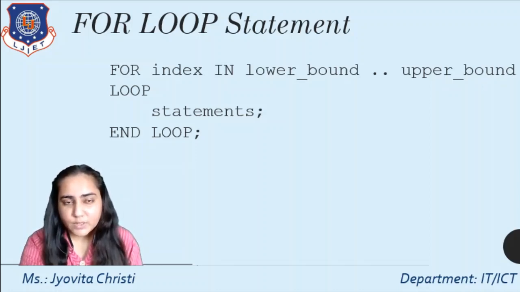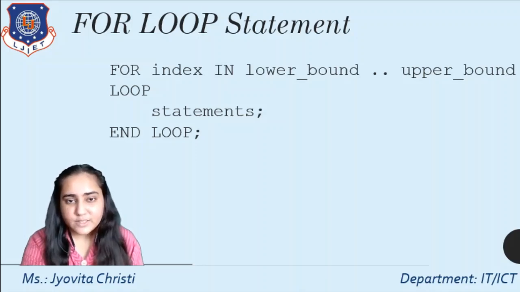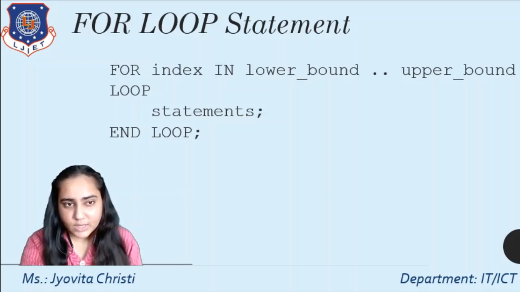Typically, the lower bound is less than the upper bound, and index is set to lower bound, and statements execute and control returns to the top of the loop where index is compared to the upper bound. If index is less than upper bound, index is incremented by 1 and the statements execute once again and the control again returns to the top of the loop.